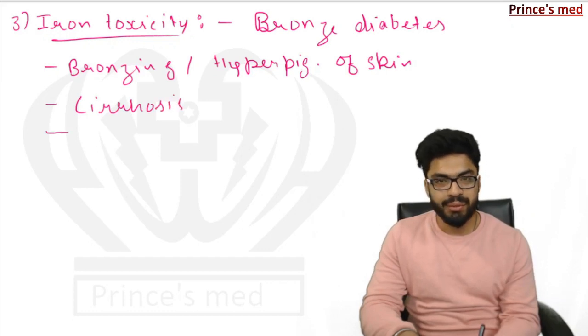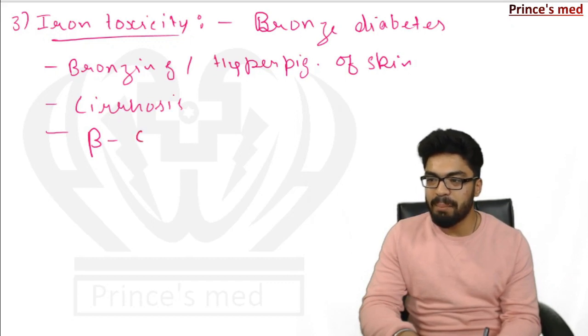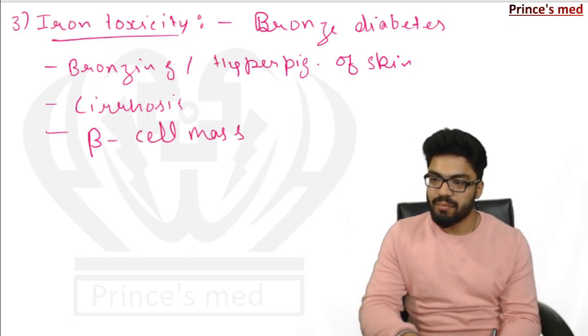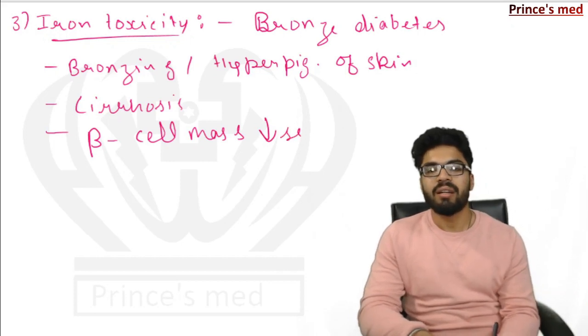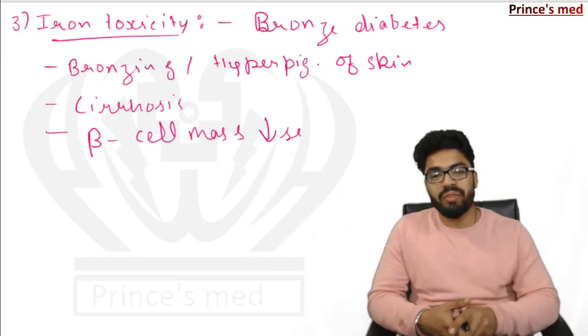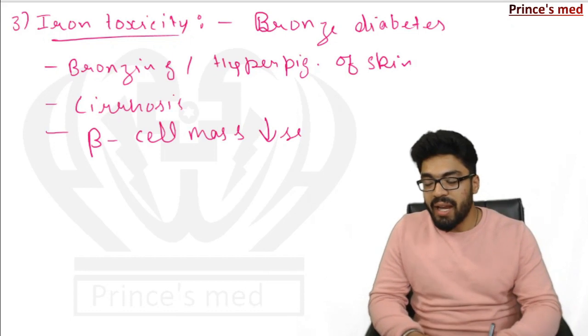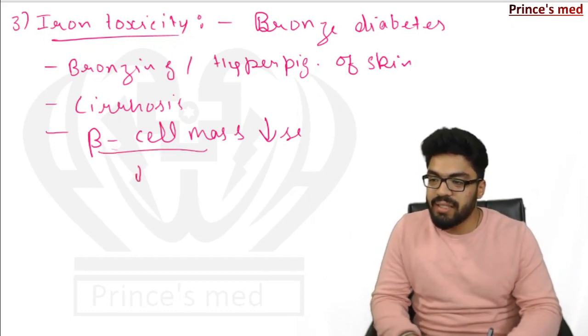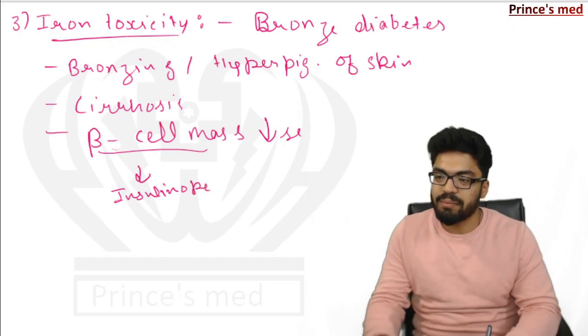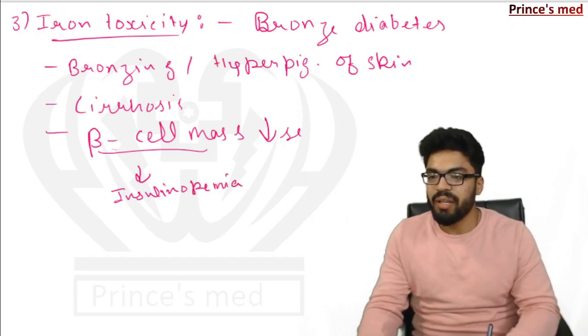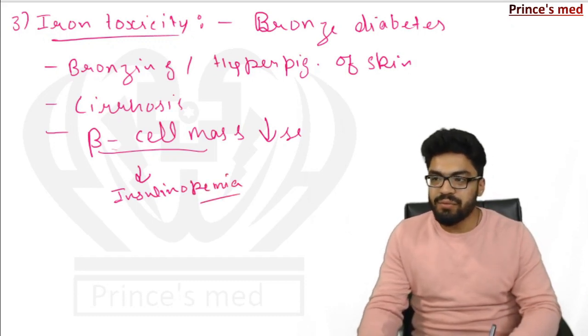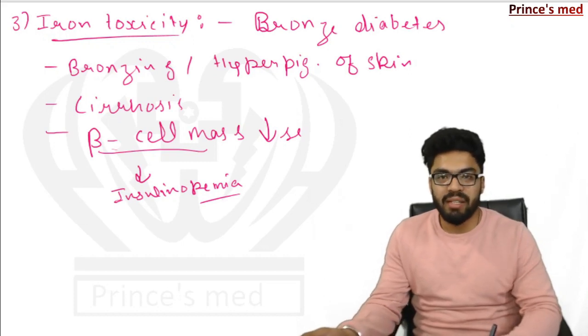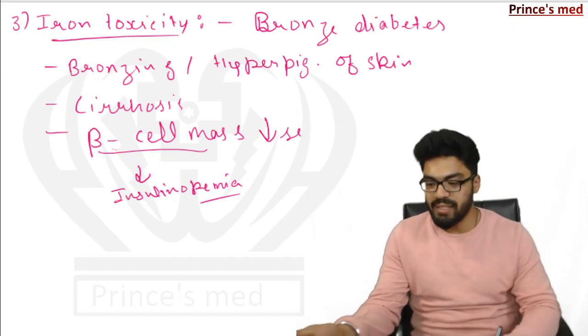The cause of diabetes development is that the beta cell mass decreases. Why? Because of the iron toxicity, and the beta cell mass decrease leads to insulinopenia. Okay, and next we will study the treatment of this diabetes.